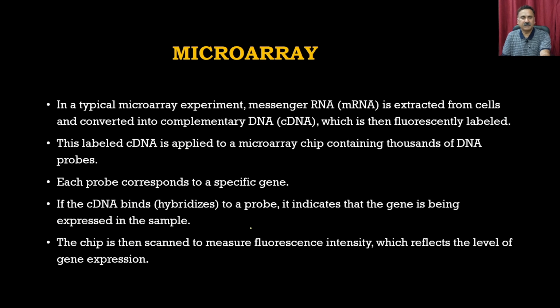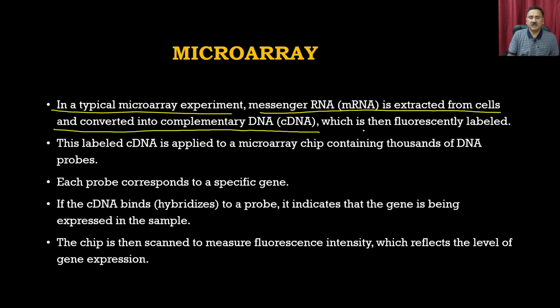In a typical microarray experiment, messenger RNA is extracted from the cell and converted into cDNA, which is then fluorescently labeled. This process we have discussed in detail in one of my MOOC courses, which is called molecular biology, right?